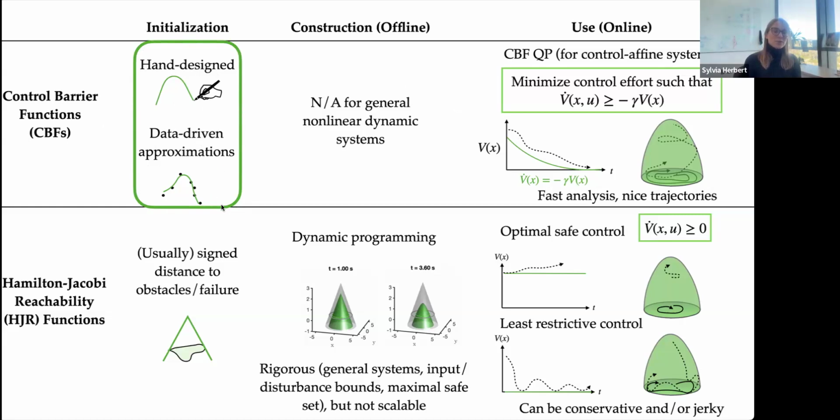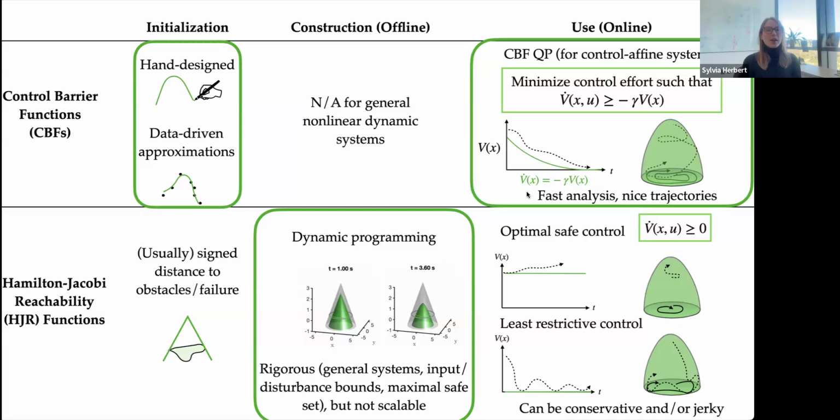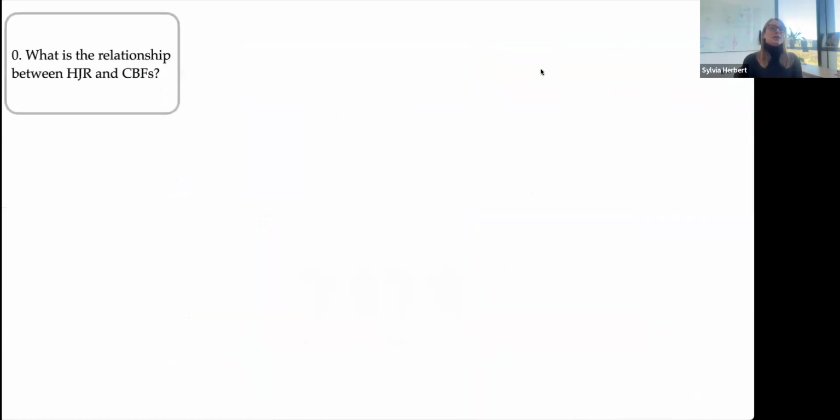Can we then use those to warm start our dynamic programming and apply as little of this rigorous, tedious dynamic programming as possible to get to the valid solution? And then can we use online the CBF-QP for this nice trade-off between performance and safety? Okay, so that's the relationship between those.